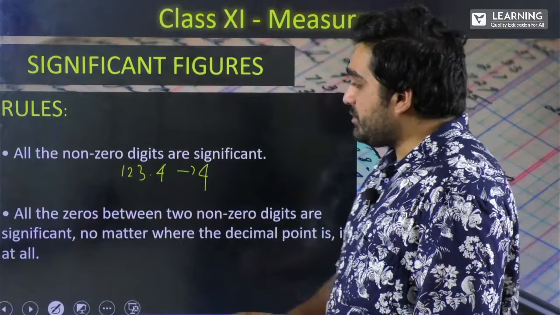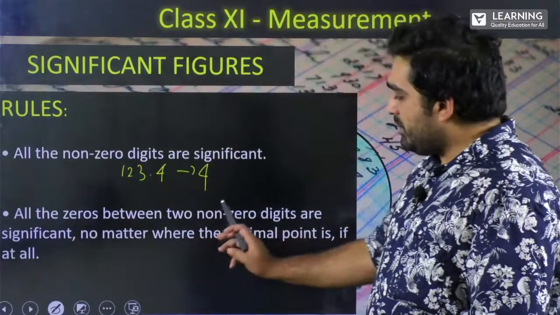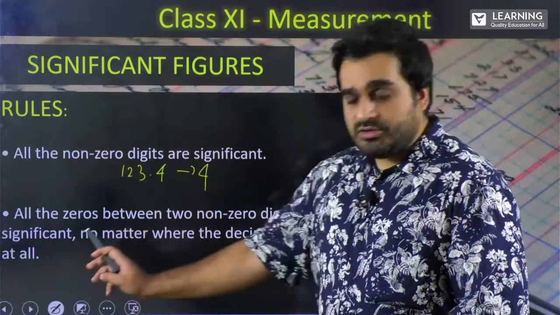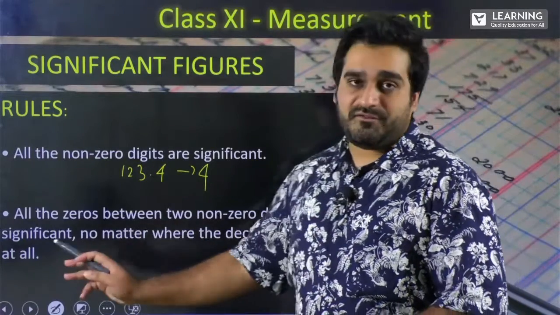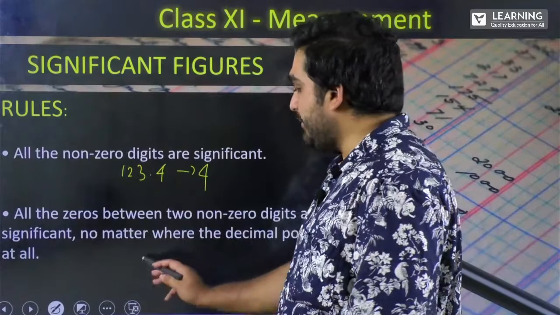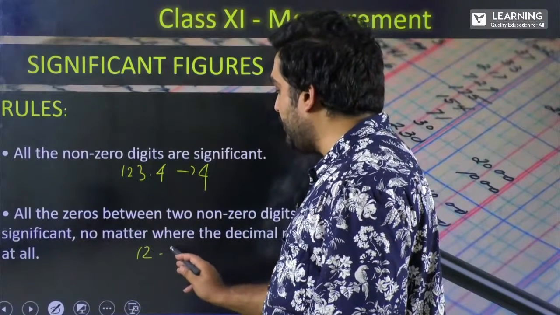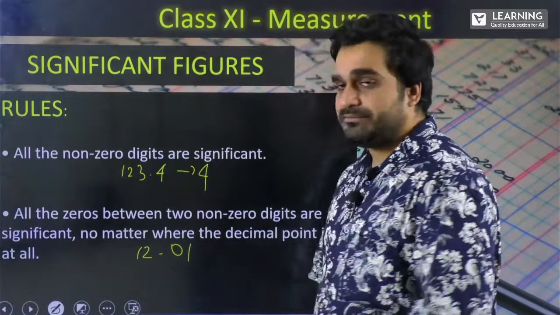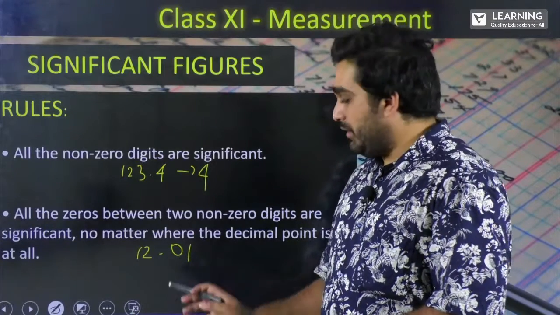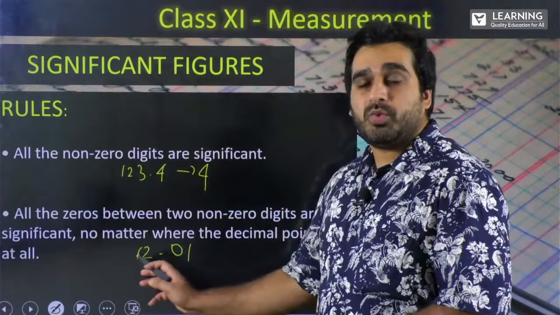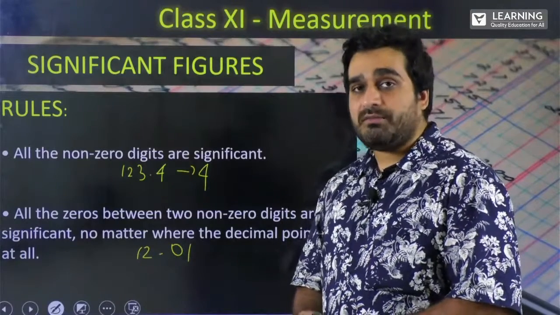The next rule: all the zeros between non-zero digits are also significant, no matter where the decimal point is, if at all. Example, 12.01. There's a 0 in between two non-zero numbers.